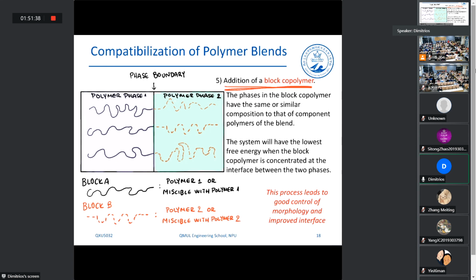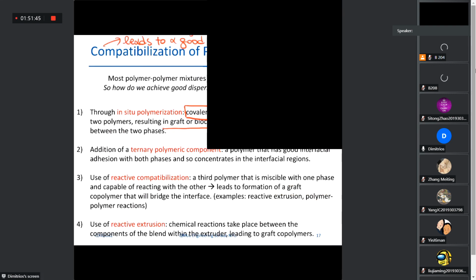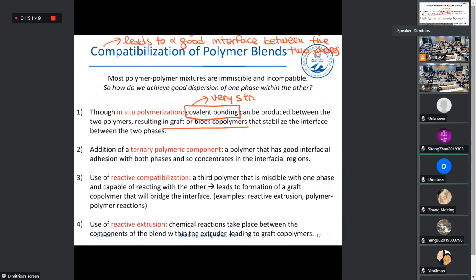So addition of a block copolymer is very similar to in situ polymerization. Bondings are very strong bonds between the two phases. Okay?